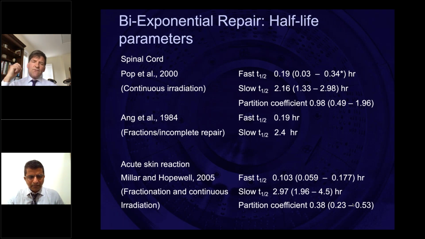Even though skin is a very different tissue, you can see that the fast and slow repair times are extremely similar. So it seems as though they are common for all mammalian cells. It doesn't matter what they've differentiated into. DNA repair is a fundamental enzymatic reaction that takes place in every mammalian cell.